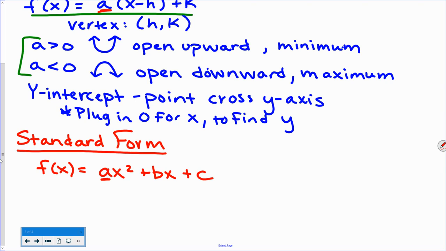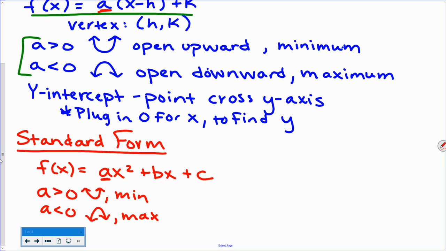So a here is also going to say, if a is greater than 0, that's going to be opening up, has a minimum. If a is less than 0, that's going to open it down, and it has a maximum. So that does not change.